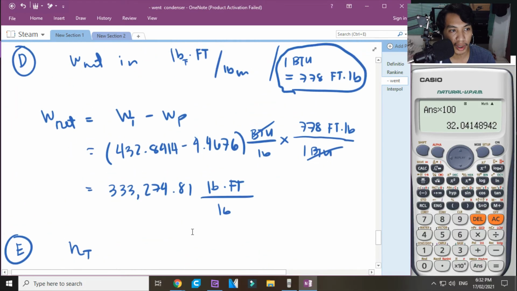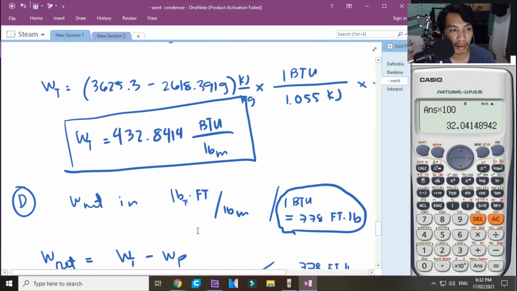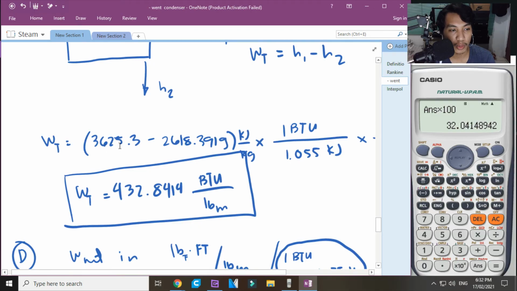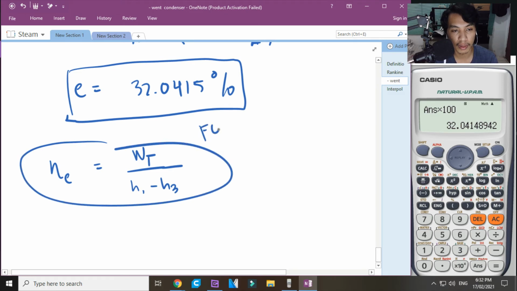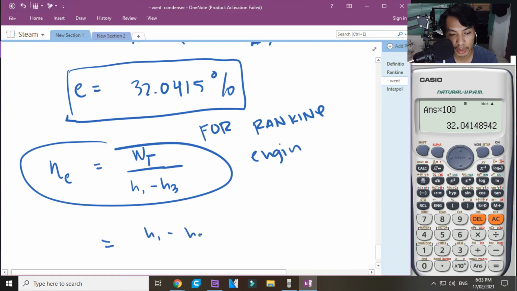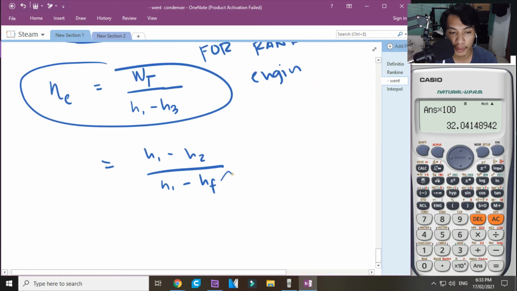Ang work ng turbine is 3625.3. Ito yung formula for the Rankine engine. Equal din to sa H1 minus H2 kasi yun yung turbine, tapos H1 minus HF. Or, simply, itong F is H3.